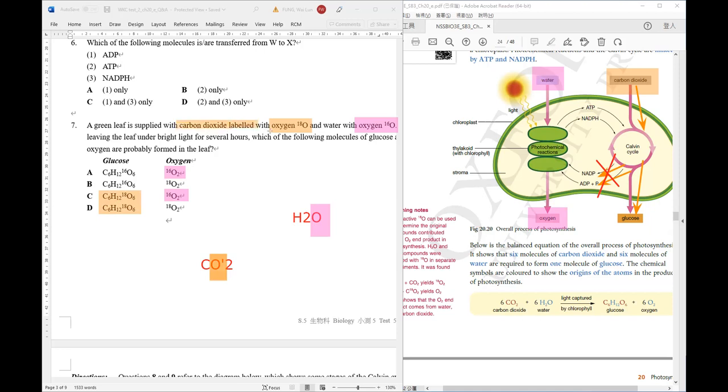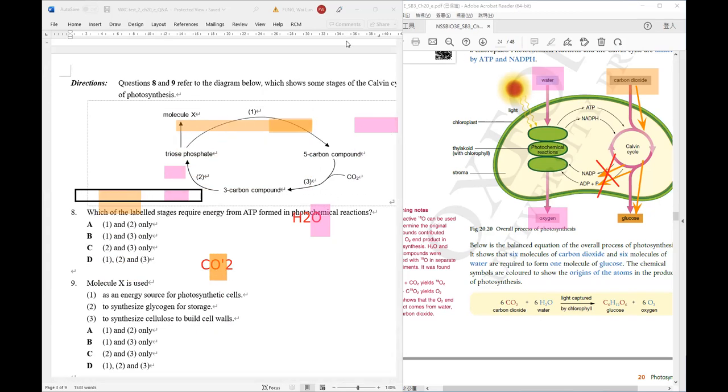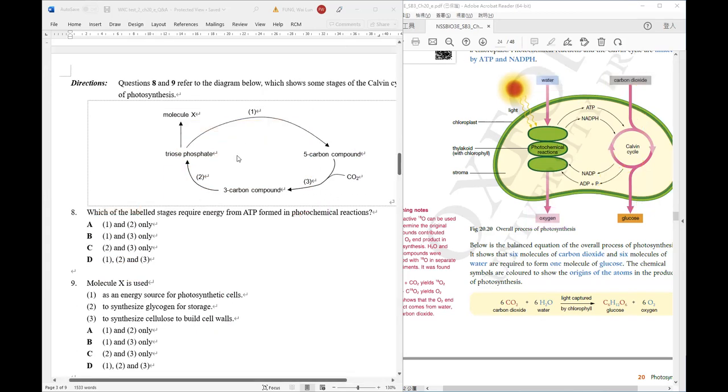Carbon dioxide labeled with oxygen O18. So the answer is C. You should be able to trace where the oxygen goes.